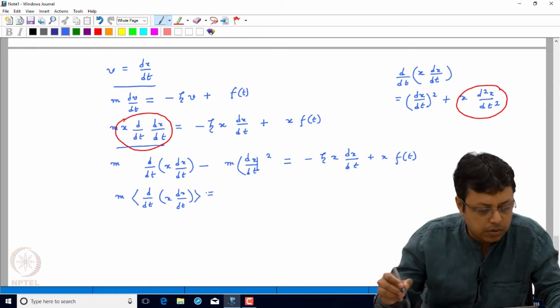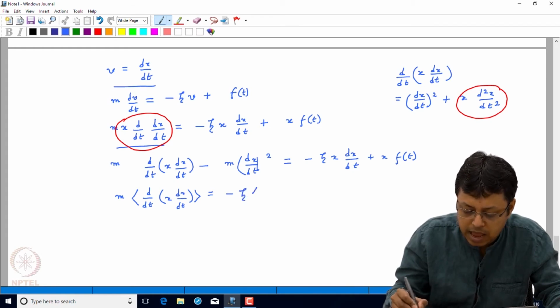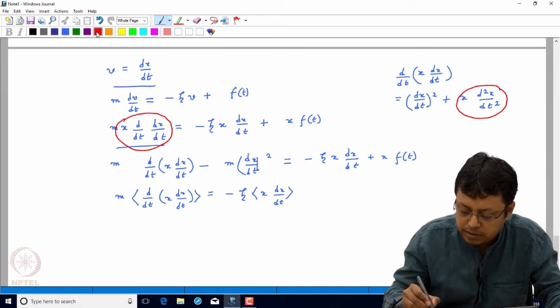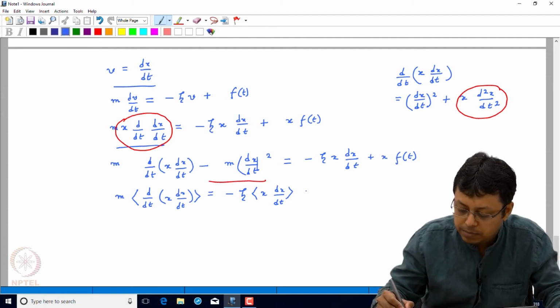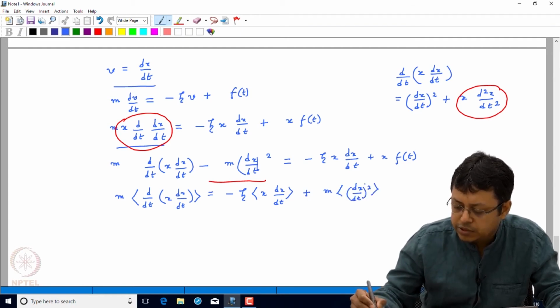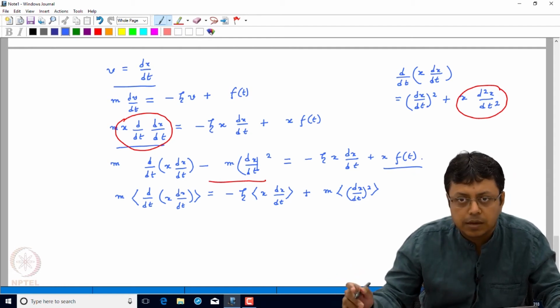That will be equal to, I am writing this term first, the frictional term, which is zeta, and then the average of x into dx/dt, and then I have an additional term here, I am putting it on the right hand side. So that will be a plus sign into m into the average of (dx/dt) squared. And naturally this term, I know that if I take the average, it will automatically be 0.